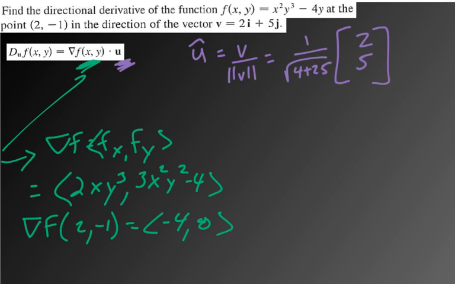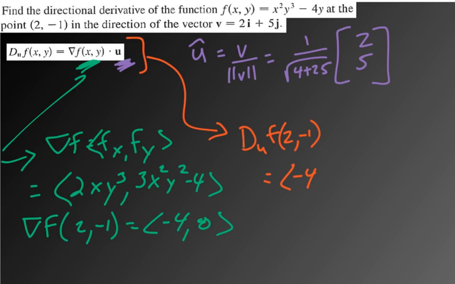All right, so now, putting it all together. The directional derivative of f at 2, negative 1 in u's direction is literally just the dot product of negative 4, 8 dotted with 2 over the square root of 29, which is the magnitude, right?